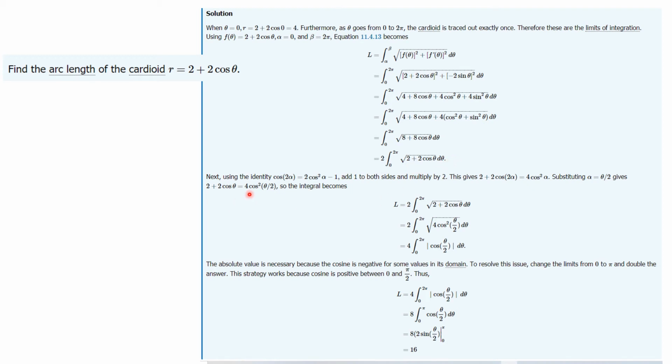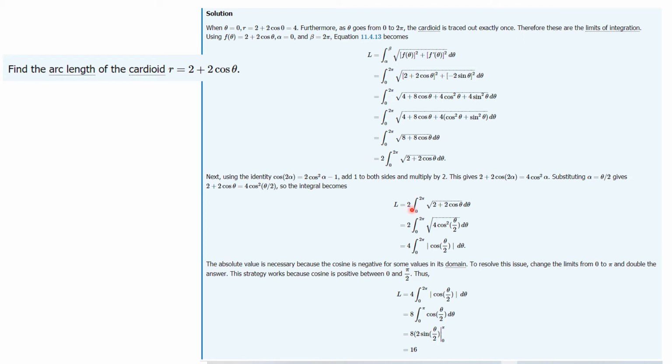And now we're going to use the identity that the cosine of 2 alpha is equal to 2 cosine squared alpha minus 1. Now this is really just a recalibration of what we've done before, and it's called the half angle formula.